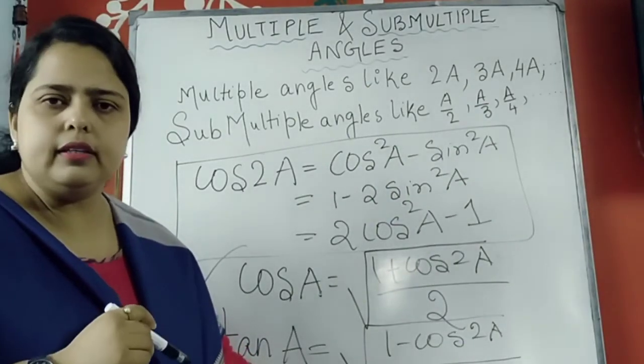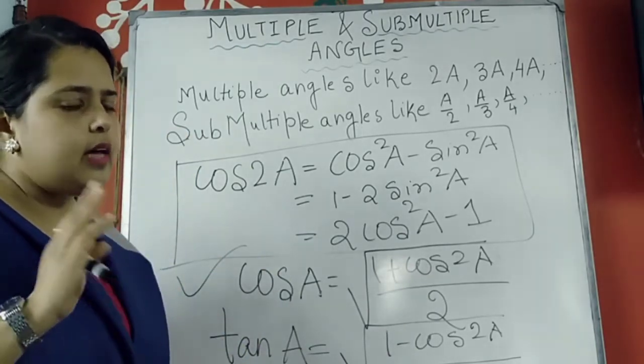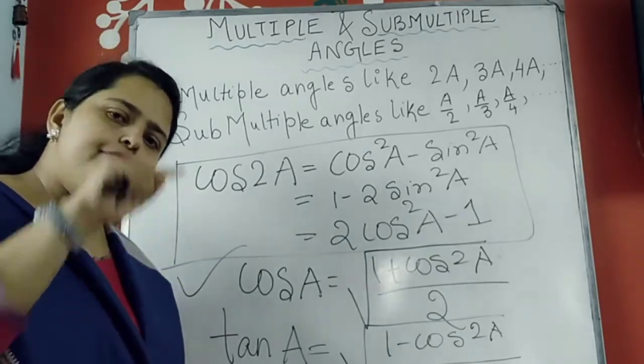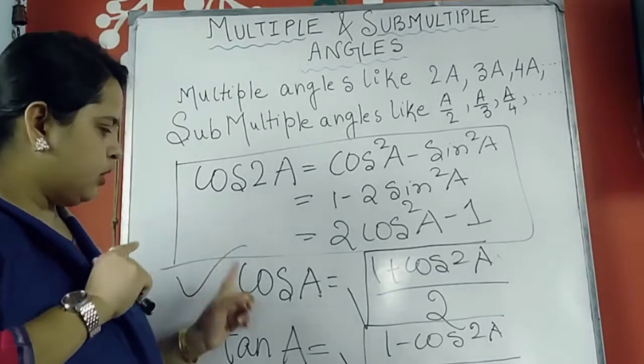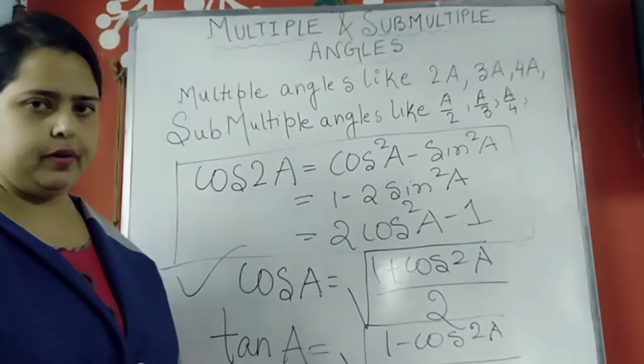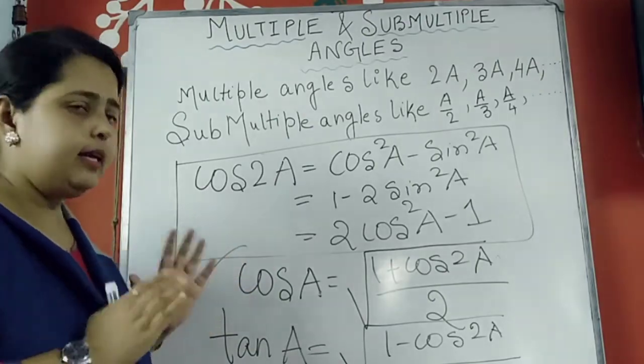And how did I do that? I divided sine by cos. Sine A was root over of 1 minus cos 2A by 2, and cos A is in front of you. Divide them and get this one. So these are very important. I am writing all of these in sets.